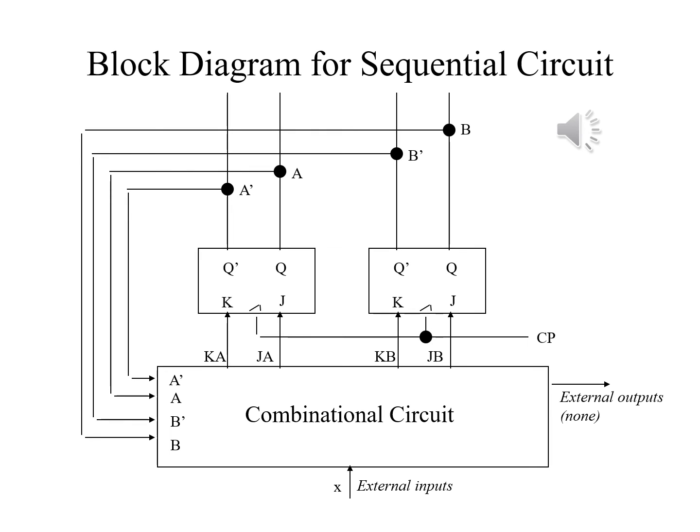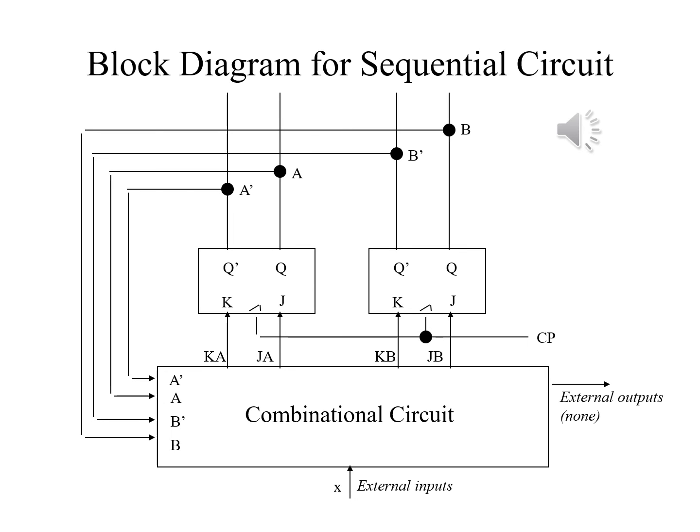Here we have a block diagram for the sequential circuit. We have an external input X, and we have 4 internal inputs, A and A prime, B and B prime.